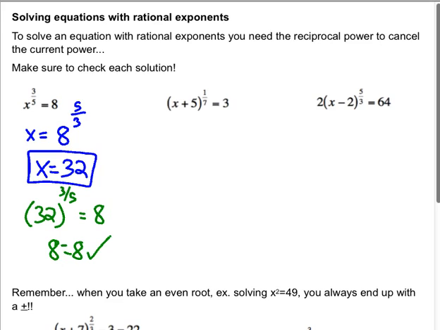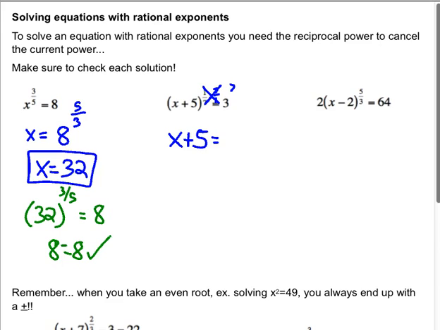All right, so let's keep working a little bit with these. Whenever I see this, I need to think reciprocal power. Here, it's going to take 7 over 1, which is really just the 7th power. So I can use that 7 to cancel off all of that, and that's going to break free the x plus 5.